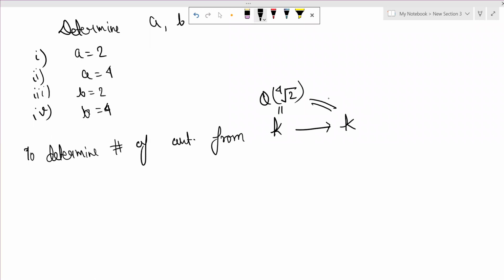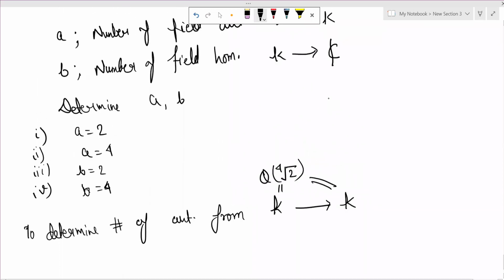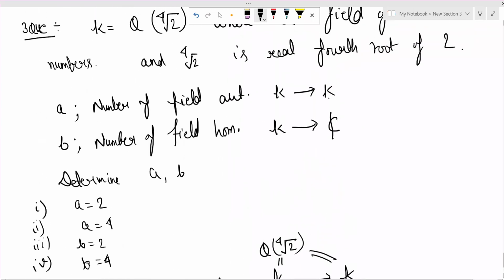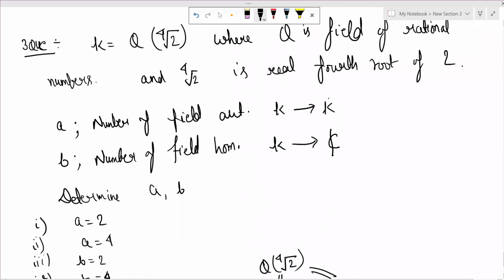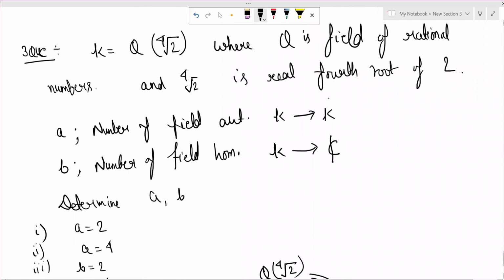Anyone have any idea? You can share with me, otherwise I will solve this one. What are the conditions on an element of this field K, where it can go under a field homomorphism?